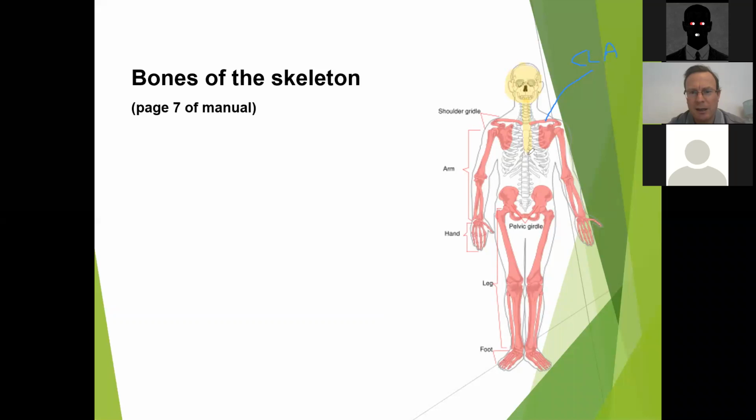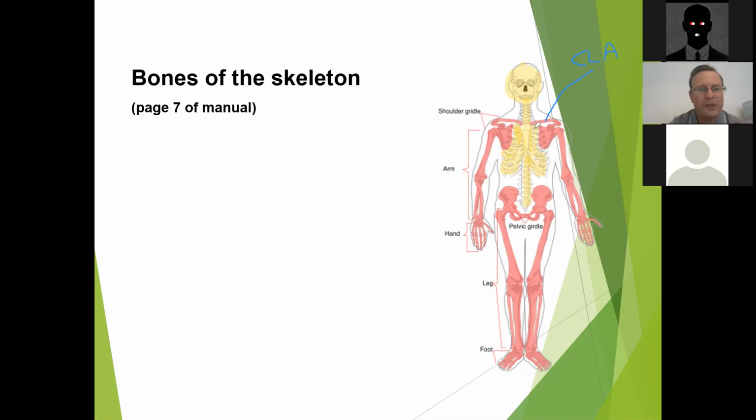Then if you work all the way down the vertebral column, what does the vertebral column protect? Yeah, it protects the spinal cord. And then the ribs and the sternum protect the lungs and the heart.